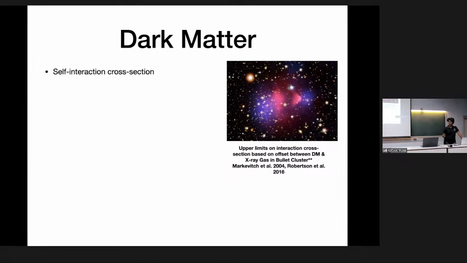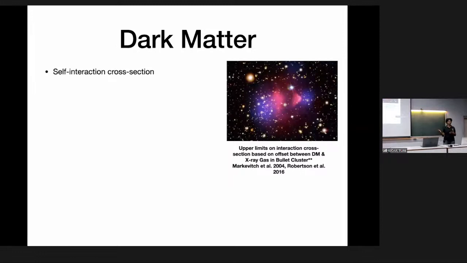And so there are some instances where we can make use of lensing to put some constraints on these different models, like the self-interacting dark matter model. So, for example, we can use a system like this.